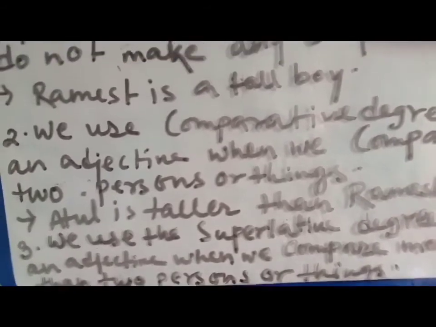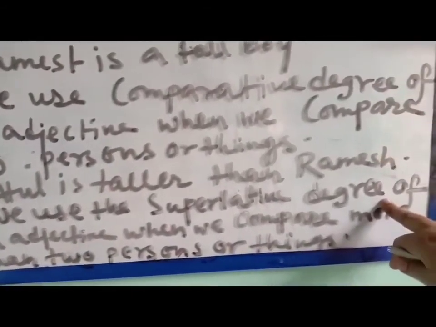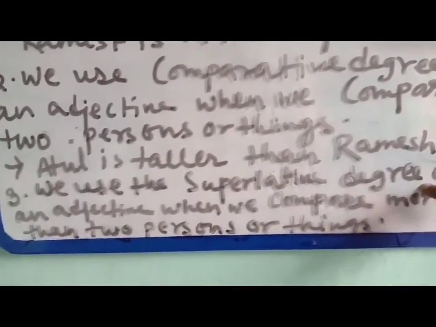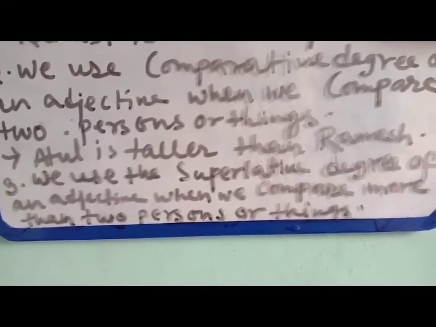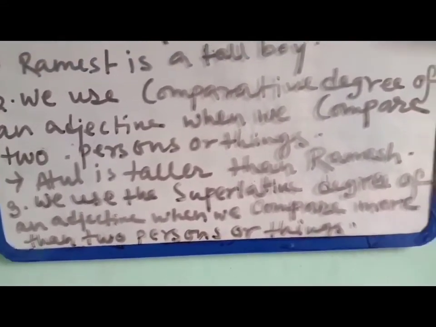Number 3, we use the superlative degree of an adjective when we compare more than two persons or things. In the superlative degree we compare more than two persons, it could be 3, 4, 5 and so on.